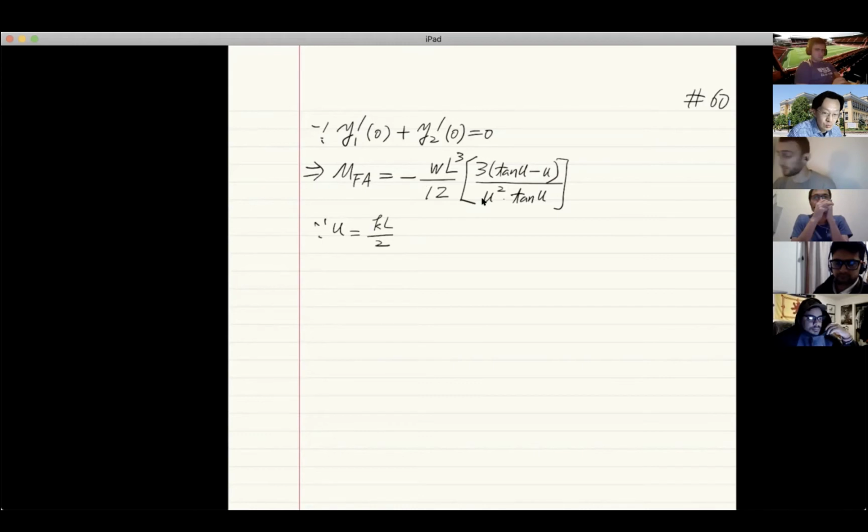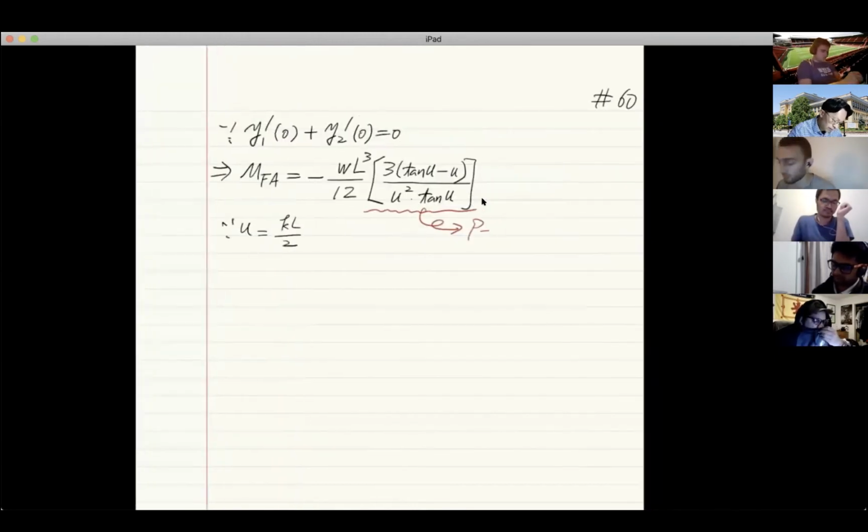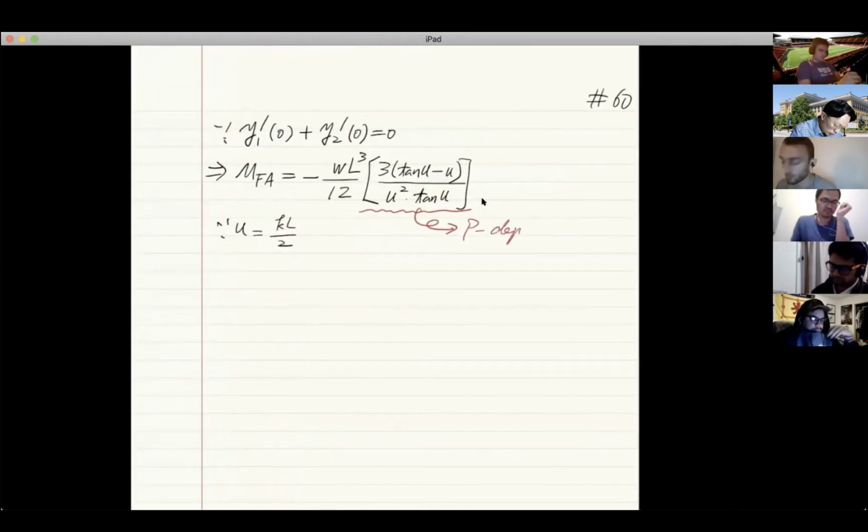So when you see U, you see P. That means this part actually depends on axial load. As long as it's P dependent, you understand that this part is the amplification due to axial force P.